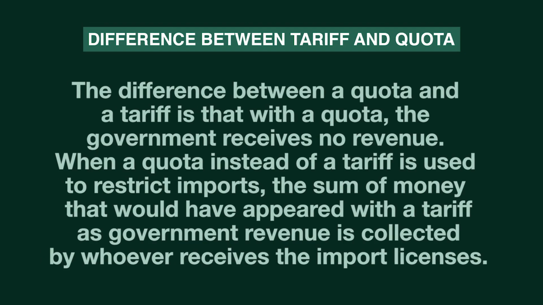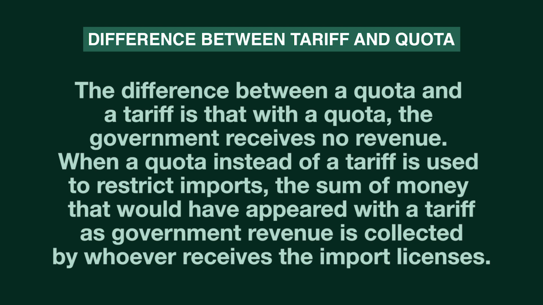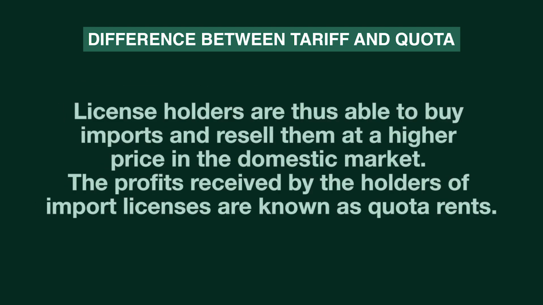Now, if you have to compare tariff and quota, we observe that in case of tariff, the government was seeking some revenue. However, in case of quota, no such revenue is gained by the government. Rather, the firm which gets the license to import the commodity can import the commodity at a lesser price and sell at a higher domestic price, thereby getting some benefit of having the license.